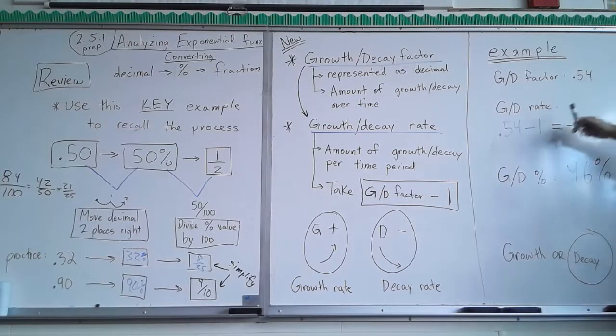I subtracted 1. Negative 0.46 tells me it's decay. Change it to a percentage. Now I know I have 46% decay. If you forgot to label if it was growth or decay, that's an incomplete answer, because it is 46%, but then I have to know if it's decaying or growing. In this case, decay.